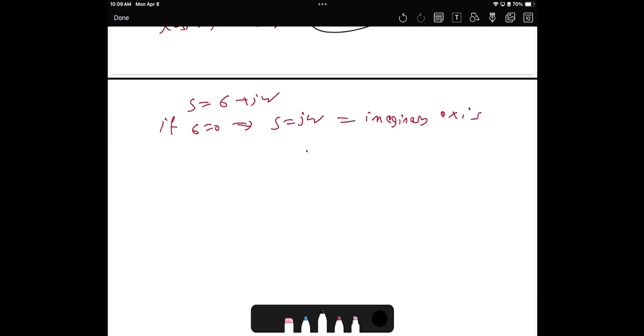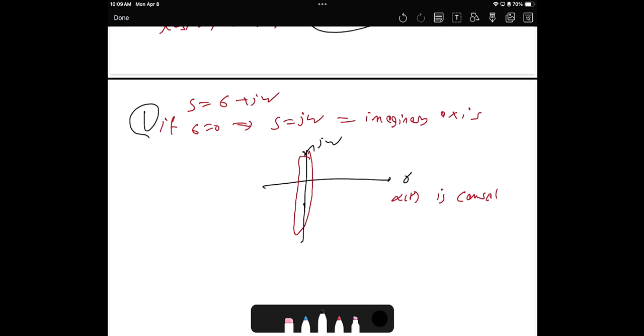So when we do the plots, here is sigma, here is j omega, then our working area is here, because we only have the imaginary axis. And we need to make sure also x of t is causal.